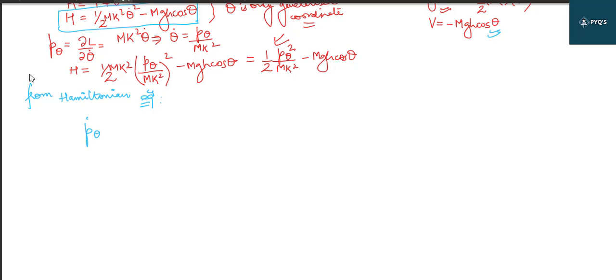One is p theta dot equals minus del H by del theta. Then we can differentiate this with respect to theta. By differentiating this term, it will become 0 with respect to theta, and by differentiating the other we will get minus m g h cos theta, and the differentiation of cos theta will be sin theta.